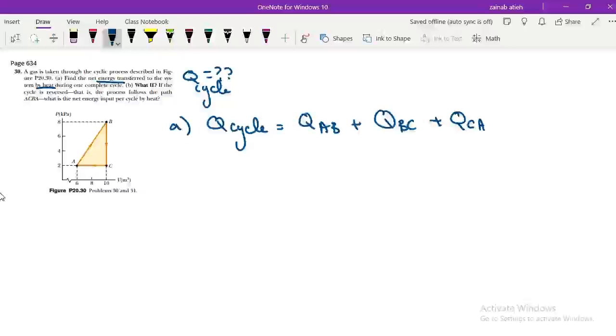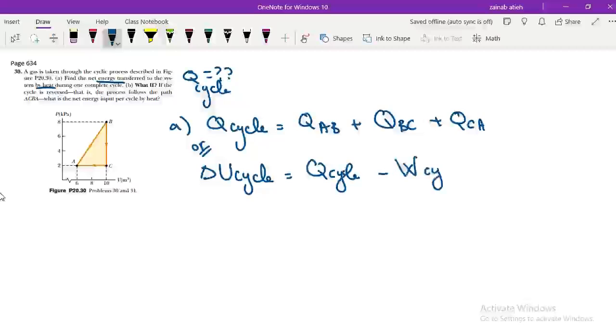I will try to use the first law of thermodynamics for a cycle. So delta U for a cycle is equal to Q for a cycle minus the work done by the gas through a cycle. Okay, delta U for the cycle is 0 because if I start from A and return to A, there's no change in internal energy.